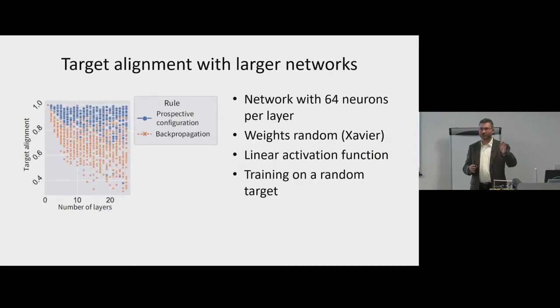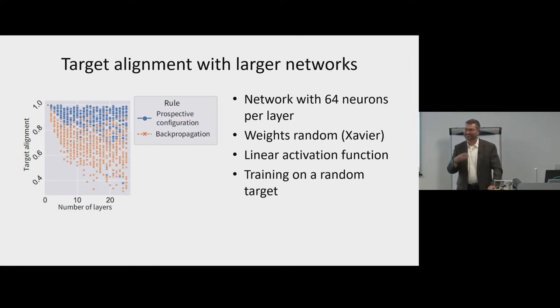So you just generate random input, random output, train for one iteration, and calculate the target alignment. And the target alignment is shown for backprop in orange and for predictive coding in blue. And indeed, you can see that first, if you don't have any hidden layers, both backprop and predictive coding will be moving the output spot on towards the target.